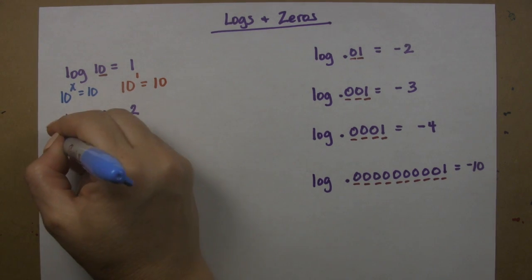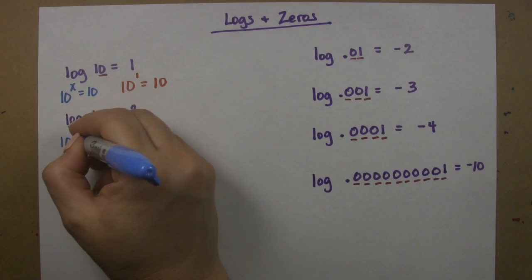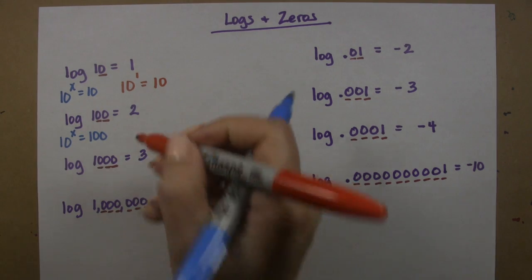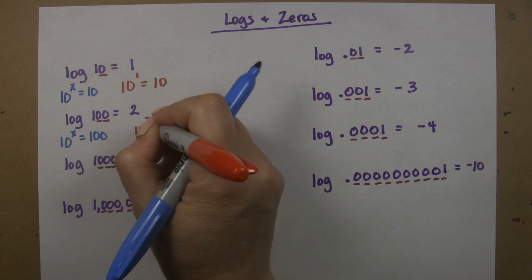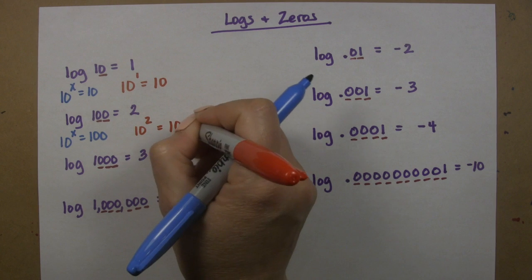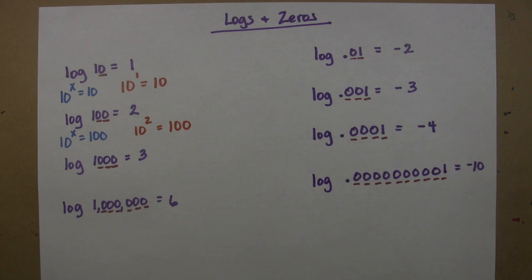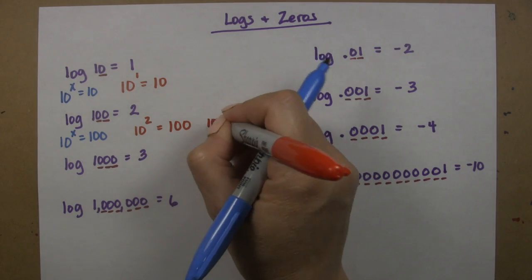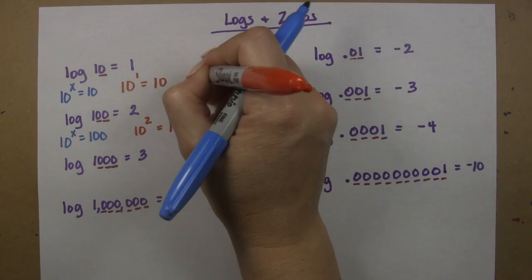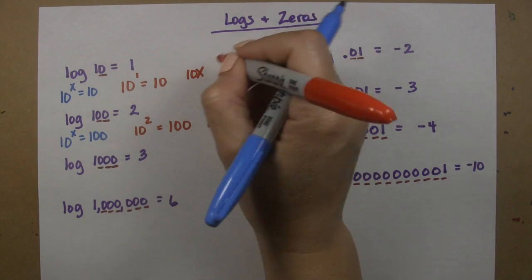Log of 100 says 10 raised to the what equals 100. And we know that it is true that 10 squared equals 100, right? 10 times 10.